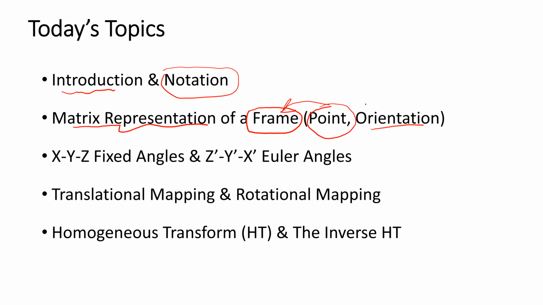And when we talk about the orientation of the frame, in the past, when we studied our basic class, we may be familiar with an XYZ frame fixed to the global coordinate.